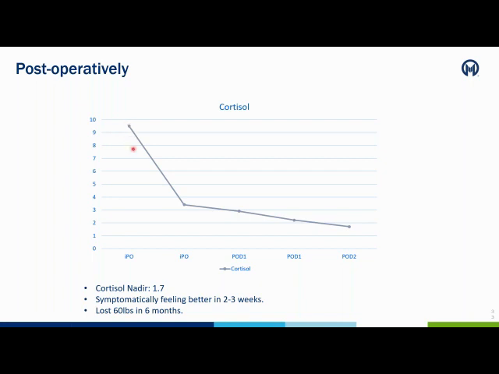But we do want to see, and we target, our cortisol nadir after surgery. We want to see it drop below 2. That gives us confidence that the patient will likely be cured from the Cushing's. In larger tumors, it's also a good surrogate, or at least a good sign, for long-term remission.